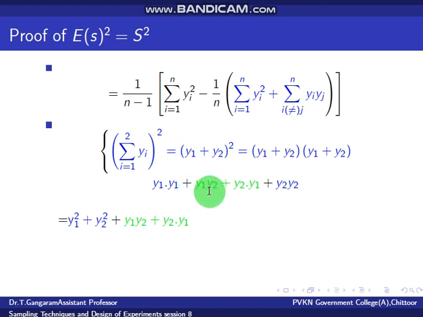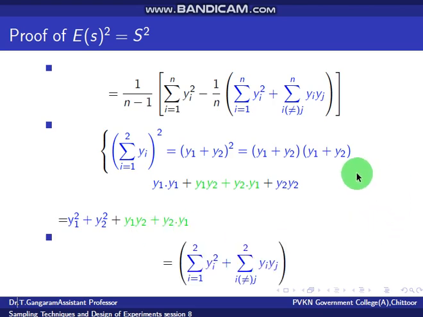We can write this as square terms and power 1 terms like this. Since this is square, we get two square terms only.